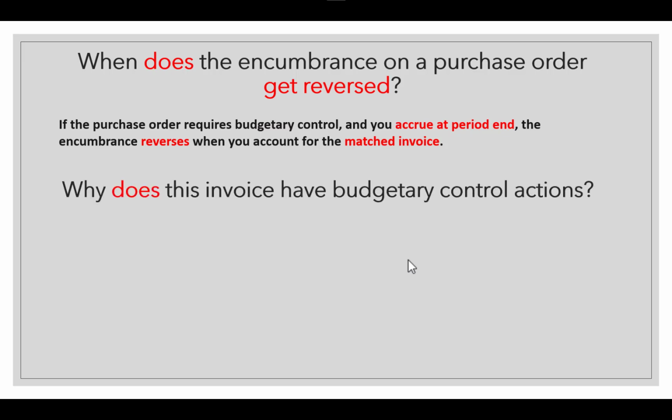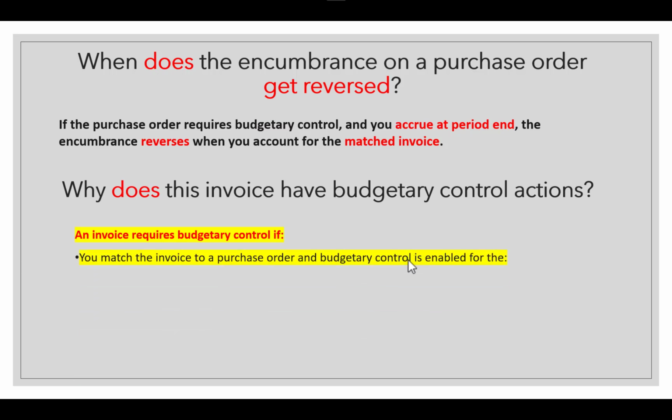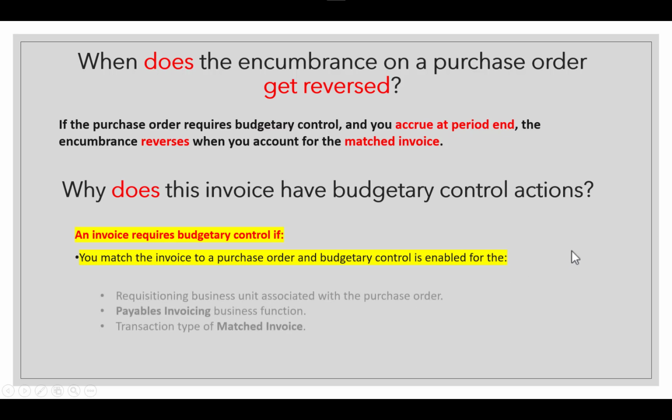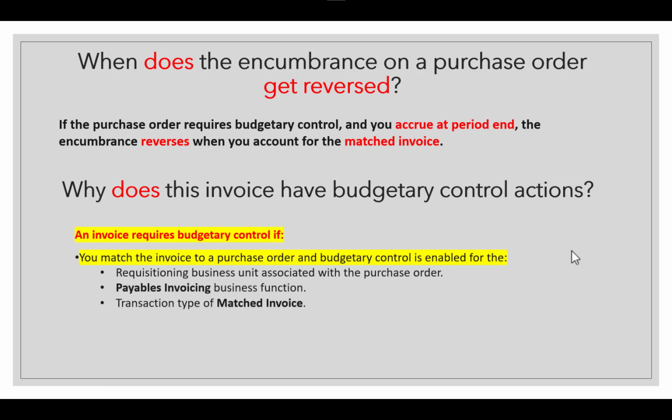Why does this invoice have budget control actions? An invoice requires budgetary control if you match the invoice to a purchase order and budgetary control is enabled for the requisitioning business unit associated with the purchase order, the payables invoicing business function, and the transaction type of matched invoice.